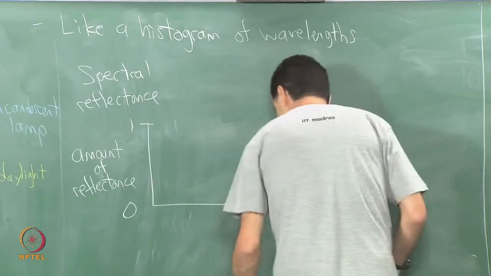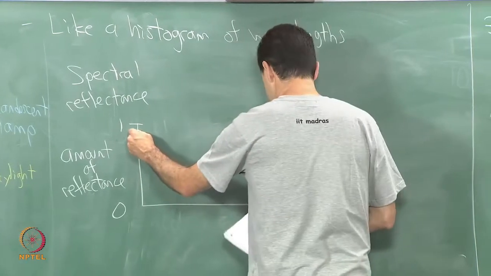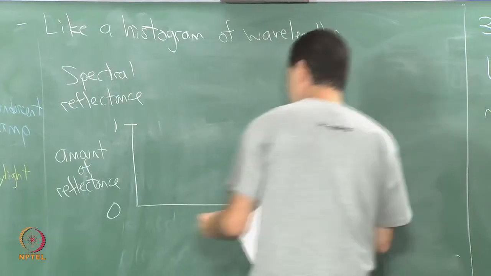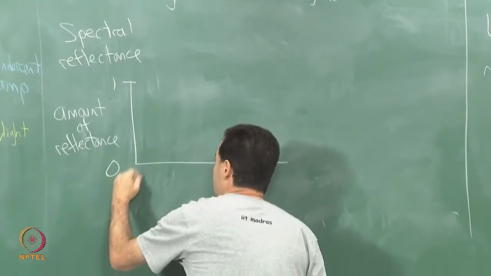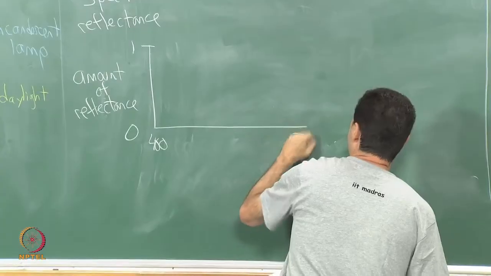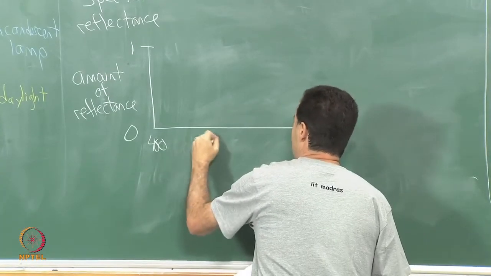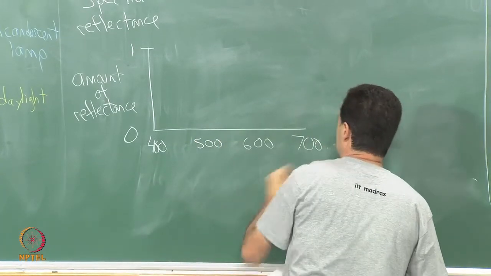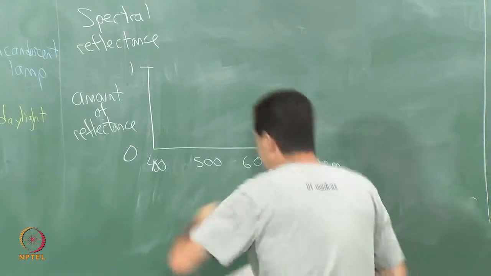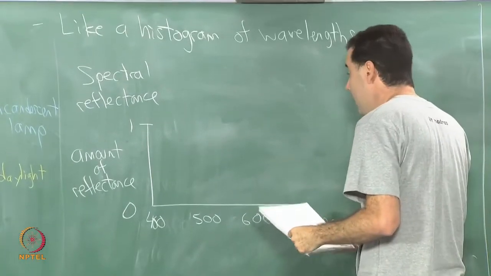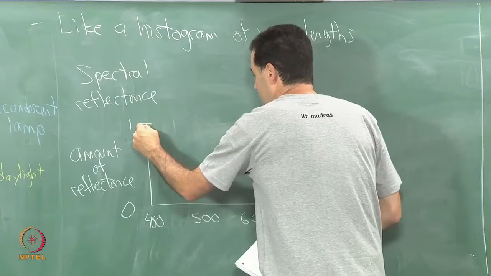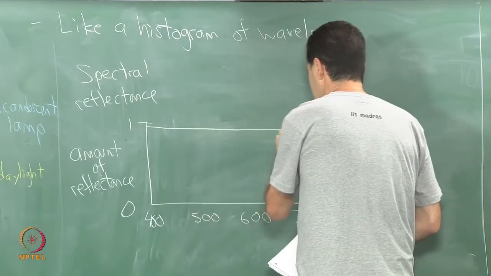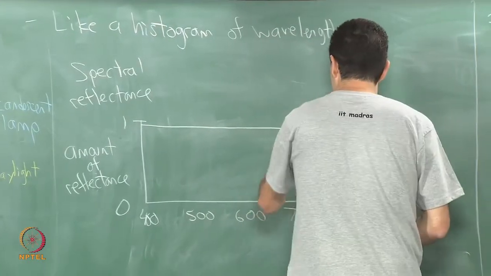So for example, up here, well, let me write my wavelengths here, and one example I'll put along here is snow.